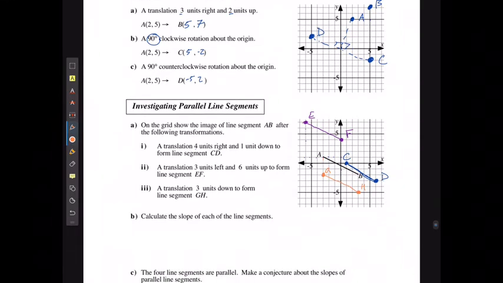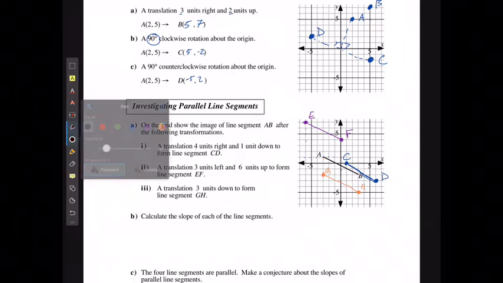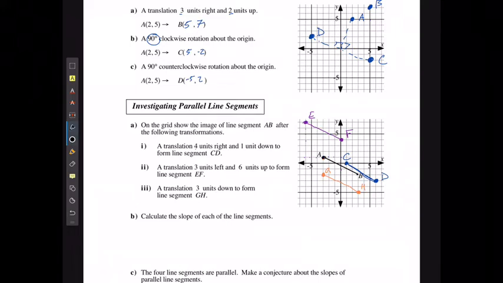If I'm calculating the slope of each of these line segments, well, the slope of AB: to get from point A to point B, I had to go down by 3 and right by 6, which means that the slope of AB is going to be negative 3 over 6 or negative 1 over 2.